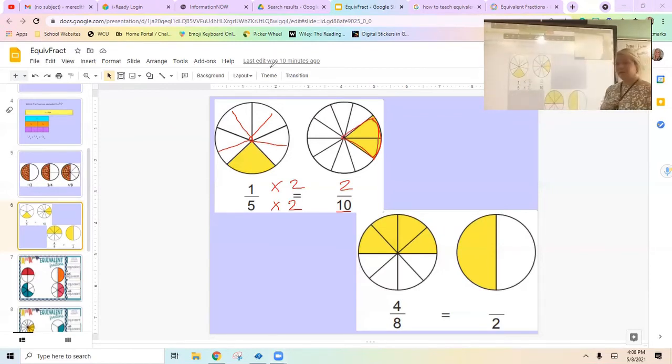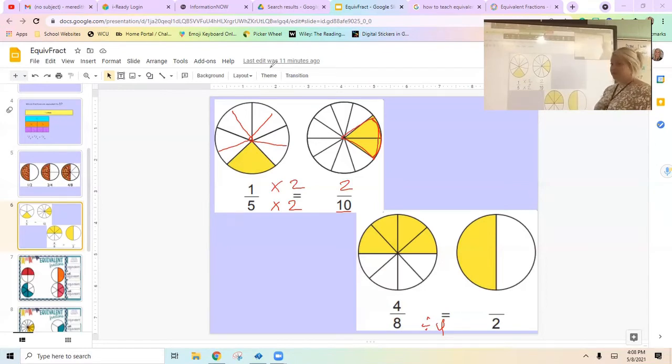Okay, so now I'm going to go backwards, and this time I'm actually going to divide. And so I'm going to ask myself, okay, what did I have to do to get from 8 to 2? And I know by knowing my multiplication and division facts that I have to divide by 4 to get from 8 to 2. 8 divided by 4 equals 2.